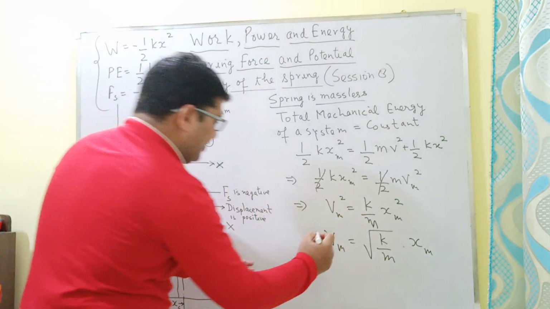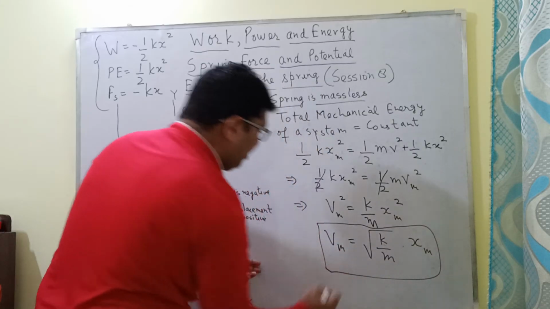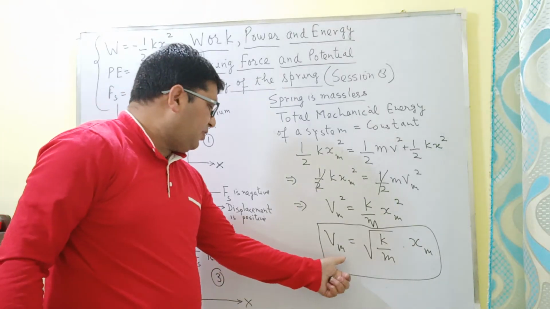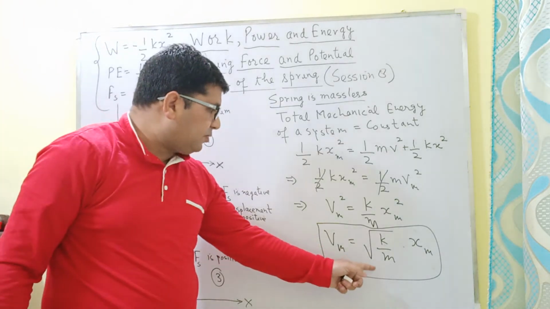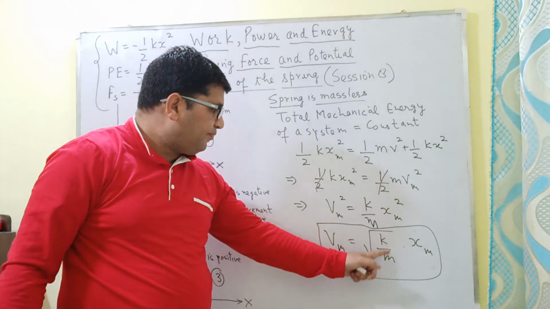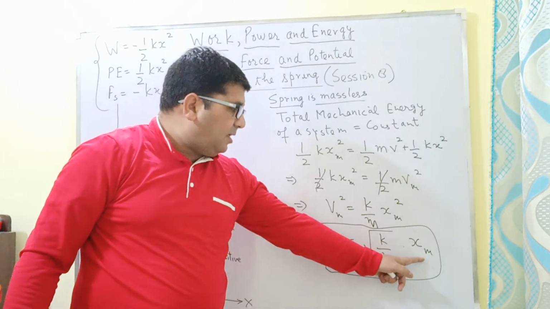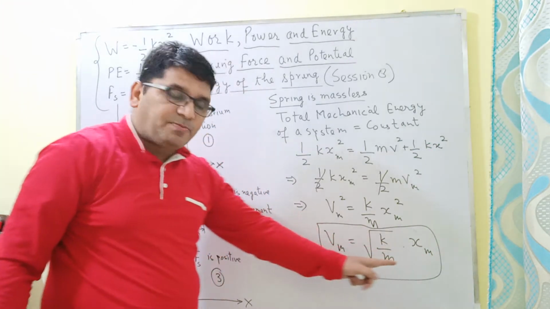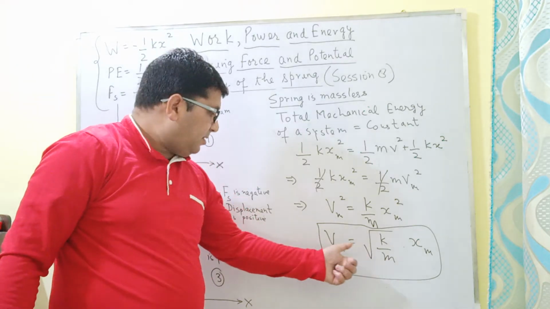So this is also a very important formula: the maximum velocity of this block will be equal to under root k by m into xm. K is the spring constant, xm is the displacement of this block, and m is the mass of it.